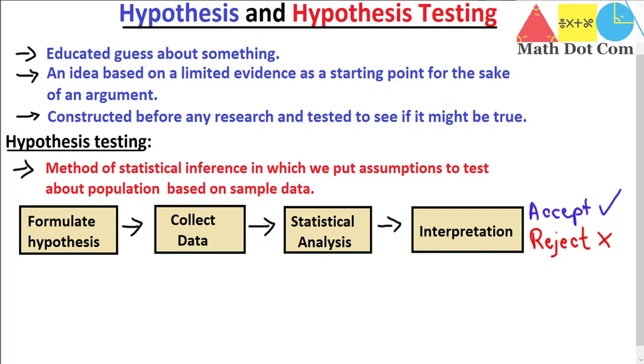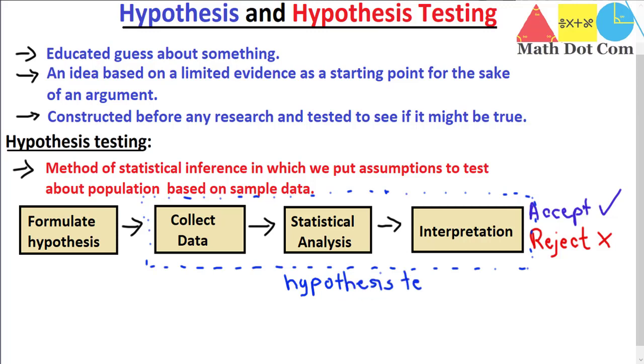So in this whole step, hypothesis testing basically includes these 3 steps, in which you collect the data, analyze it, and then check whether the hypothesis that you formulated in the initial step is accepted or rejected. So this is called hypothesis testing.